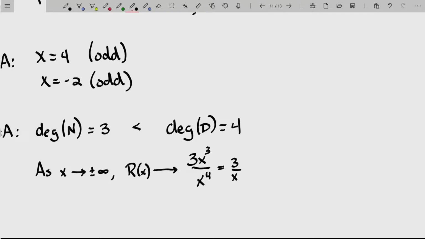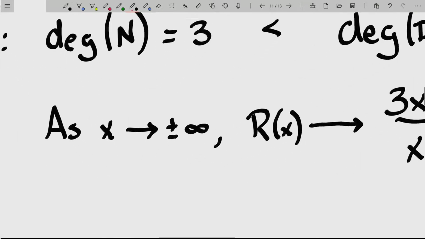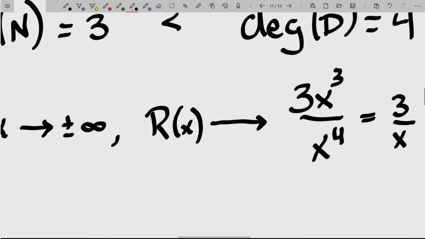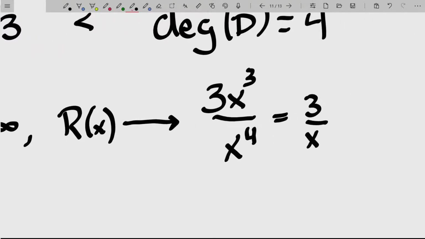As x goes to positive or negative infinity, x is getting massive. Think of in the trillions, the quadrillions, the quintillions. These are massive, massive numbers, and you have 3 over that. Now, if I told you you have 3/10 of a dollar, you would have 30 cents. If I said you have 3/100ths of a dollar, you'd have 3 pennies. If I said you had 3/1000ths of a dollar, you would have less than a penny.